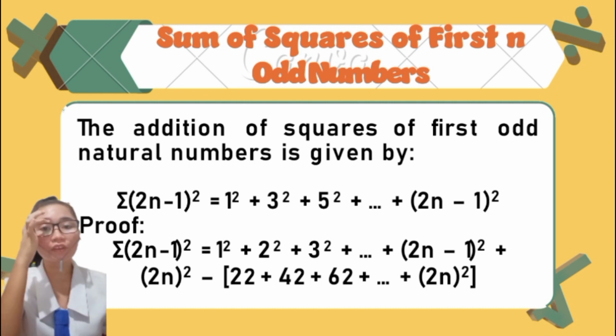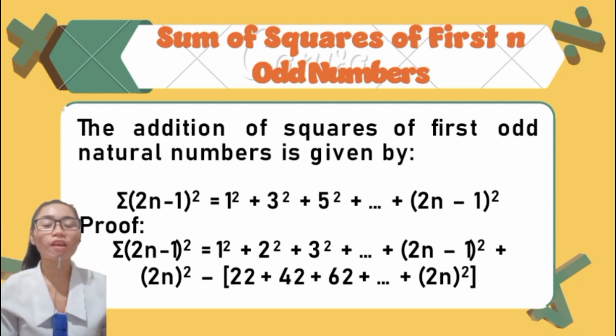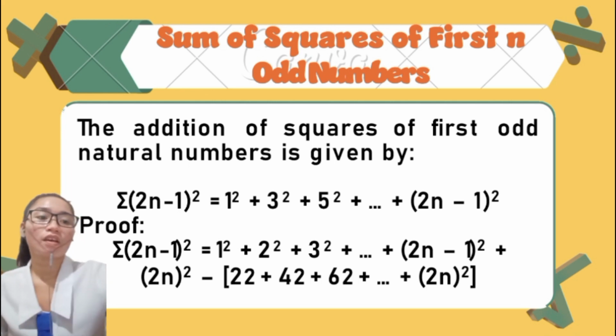Now we have here a proof. The summation of the quantity 2n minus 1 squared is equal to 1 squared plus 2 squared plus 3 squared up until the quantity 2n squared, minus the quantity 2 squared plus 4 squared plus 6 squared up until the quantity 2n squared.